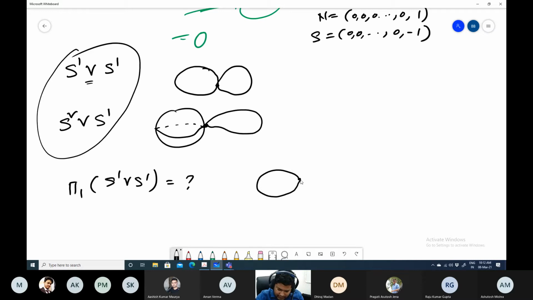This is my one circle, and this is my other circle. Now you have to give the answer. Can you give me U and V for this? It is embedded in R2. Can you give me one U and one V for this one?